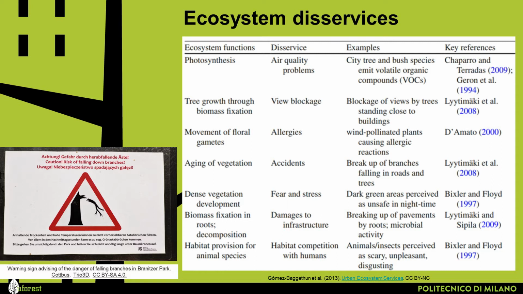Accidents and injuries or nuisance are caused by fallen leaves, fallen branches, or litter from fruit. Sometimes trees block the sight for the traffic and cause road accidents. And some people perceive fear and stress when they are in places with dense vegetation.